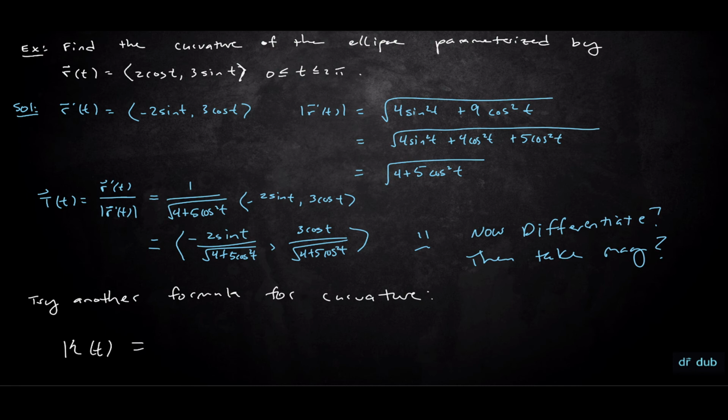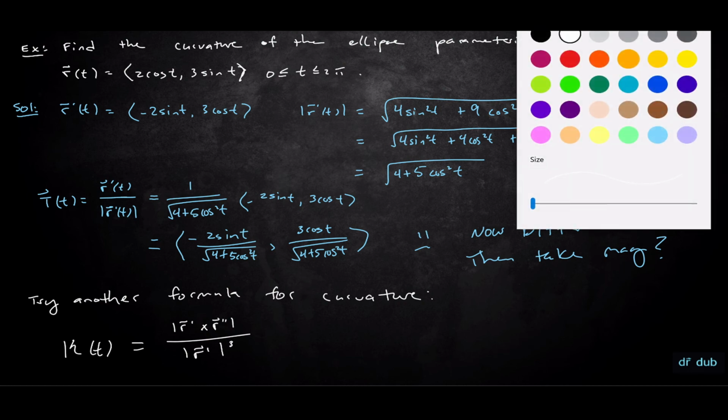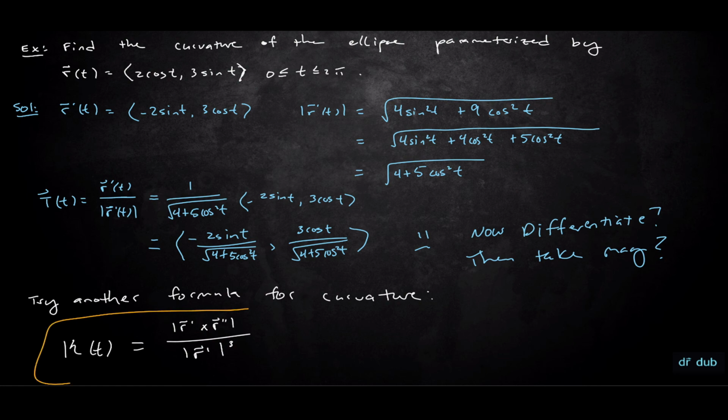Kappa of t can be written as the magnitude of r prime cross r double prime over the magnitude of r prime cubed. So that is another formula for curvature that works regardless. If the first curvature formula doesn't work out so well, you just use this one, and this one will most likely be good to go.